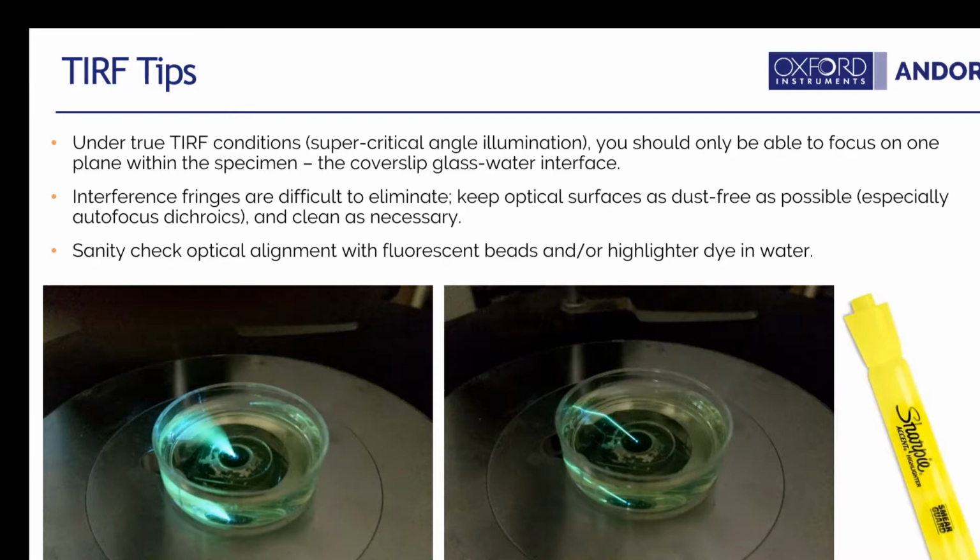TIRF uses a coherent laser source, and so interference fringes are difficult to eliminate. It's essential to keep all optical surfaces as dust-free as possible, especially any microscope autofocus dichroics, and clean them as necessary. Finally, you can always sanity check the optical alignment using fluorescent beads and/or a highlighter dye immersed in water.